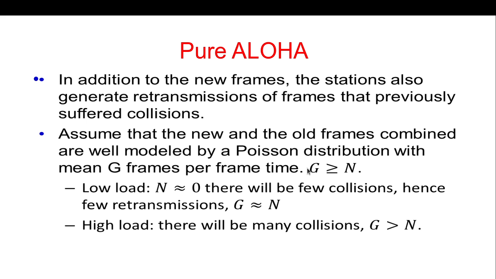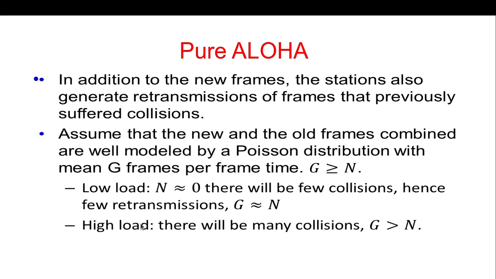So G will now include the additional retransmissions, and that's why it will be greater than or equal to N. If there are no collisions, G will be equal to N.